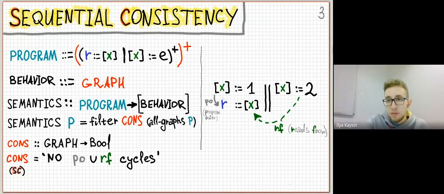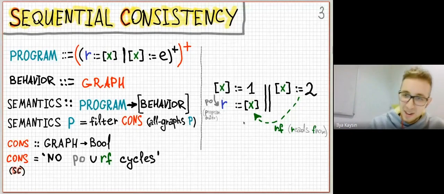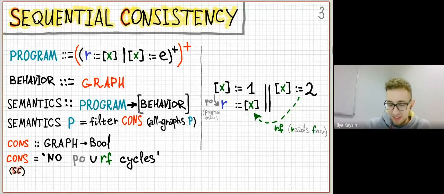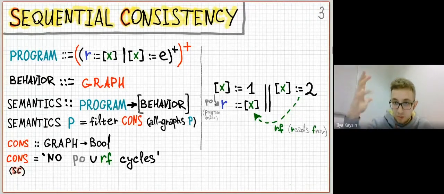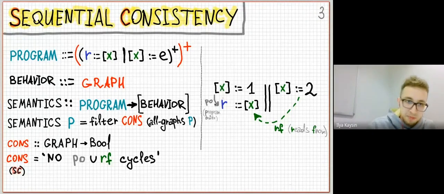So RF goes from write to read, and for a read, it shows the write who wrote the value that we read. Basically, it sounds convoluted, but it's quite simple. And PO is just in-thread order that must be preserved, as I mentioned.